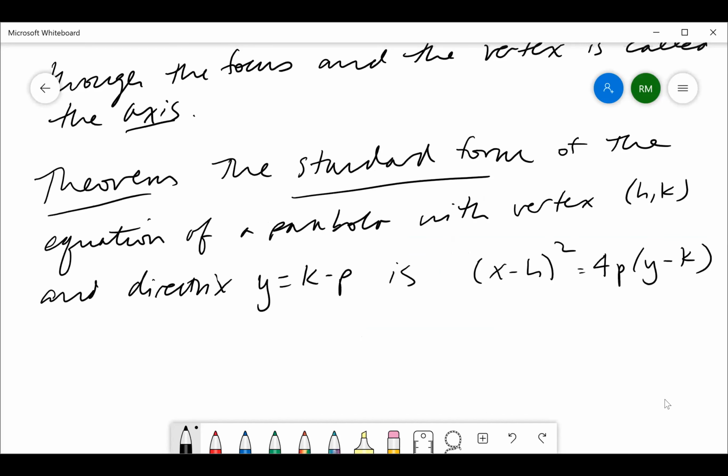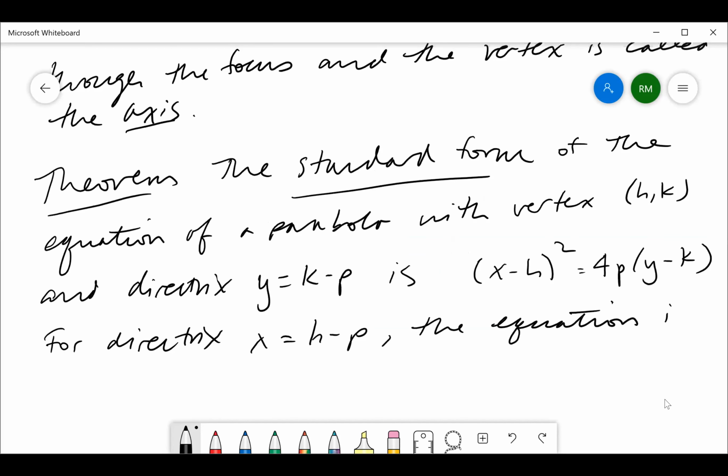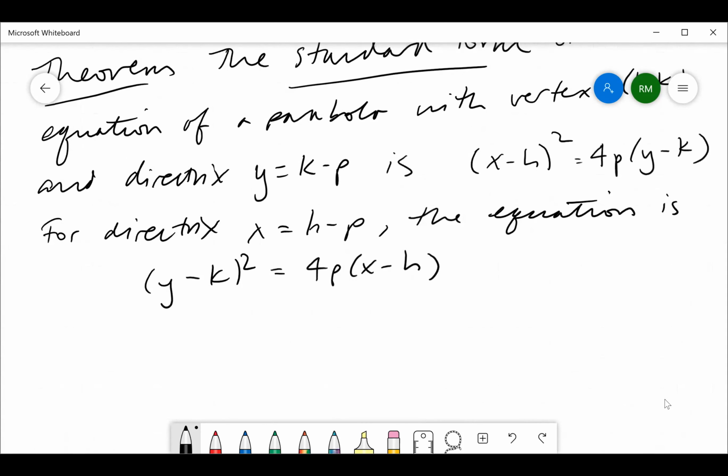And similarly, for a directrix that's vertical, the equation is y minus k squared equals 4p times x minus h. So, as I said before, the focus lies p units from the vertex.